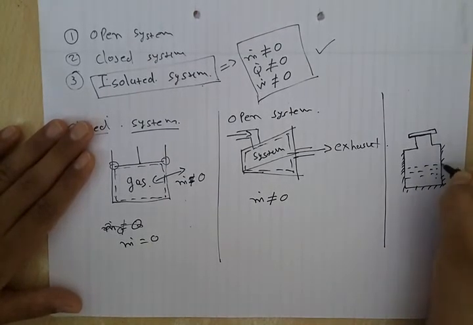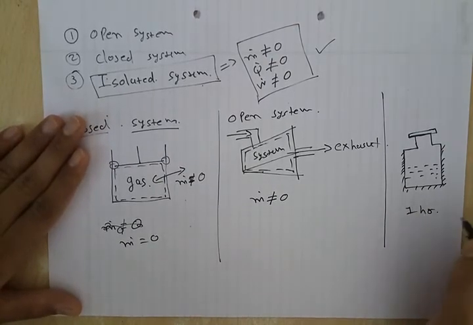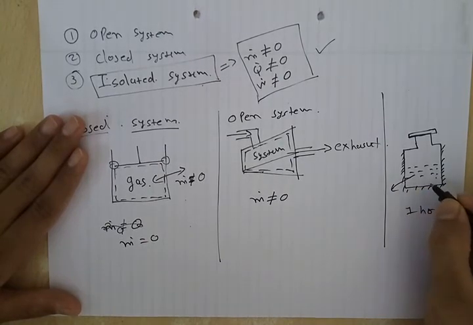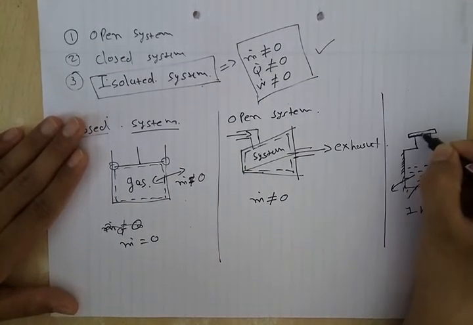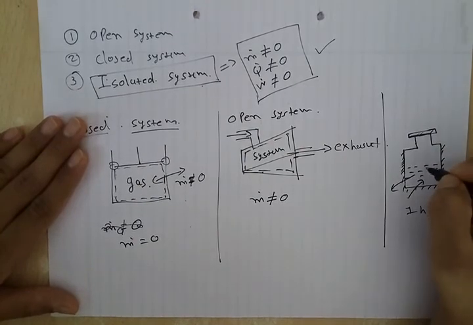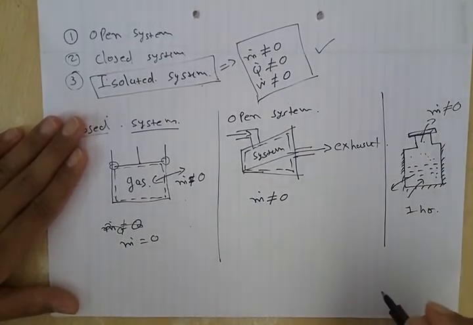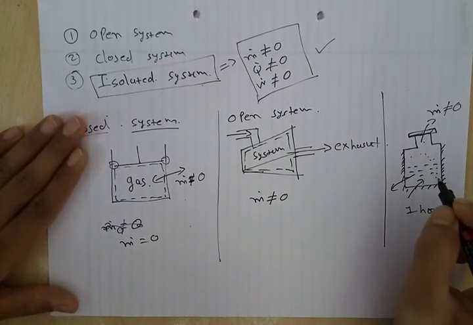Hence for, let us say, a limited amount of time, 1 hour, not much heat can escape from this system or not much heat can enter the system, and also it is sealed from the top. The vapor inside this bottle cannot escape from the top, so mass transfer cannot take place. Hence this system is an approximation of isolated system.